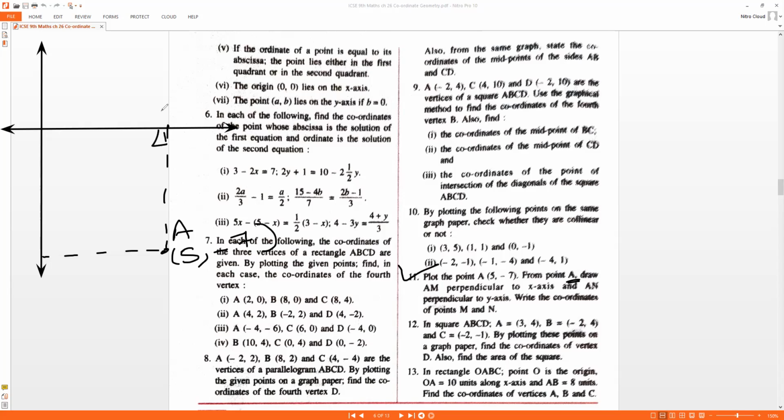So this is AM, this is perpendicular already. And this is already a perpendicular AN to the y-axis. So this is the y-axis, origin, x-axis, as usual. Very simple. Write the coordinates of points M and N. What are the coordinates of M? What do you get M as?